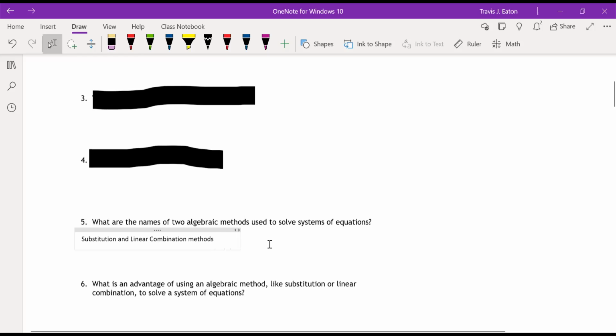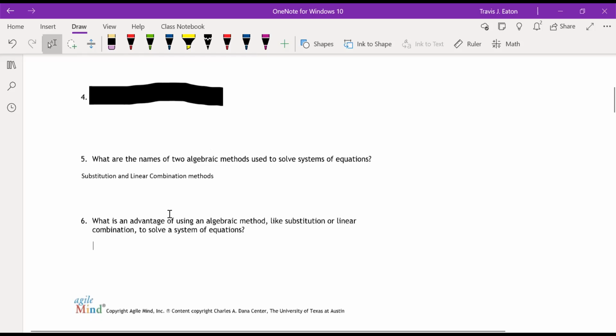Okay, so you have to ask yourself, there are so many different ways to solve systems of equations. What's the advantage of using the algebraic methods that we have? Well, the nice thing about solving systems algebraically is that it's quicker than graphs or tables.